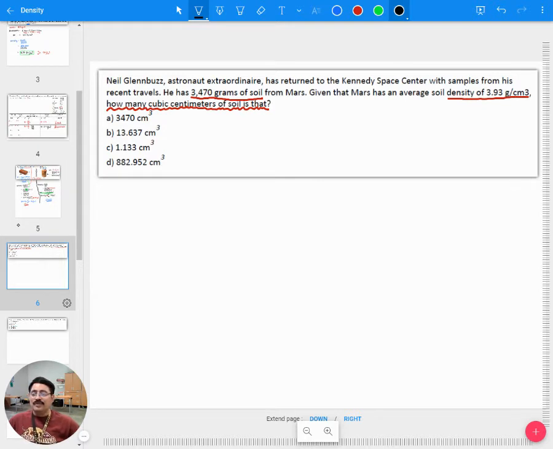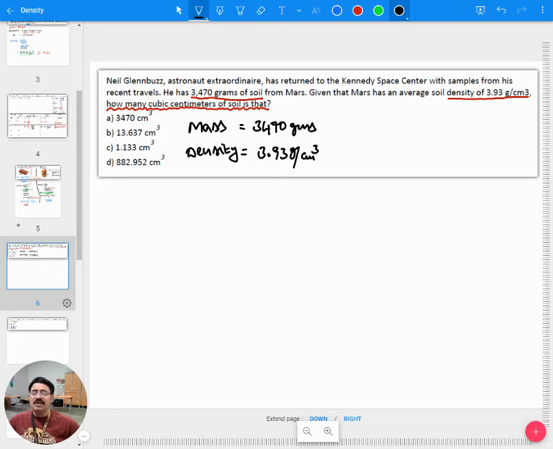Well, the question says, what is the volume? Let me list out the details. Mass of the soil is given as 3,470 grams, and the density of the soil is given as 3.93 grams per cubic centimeter.